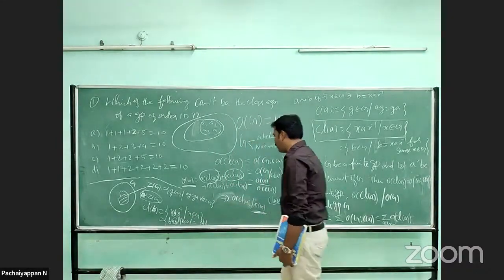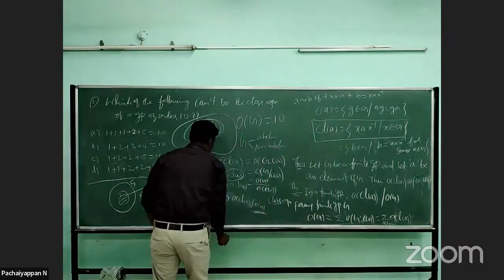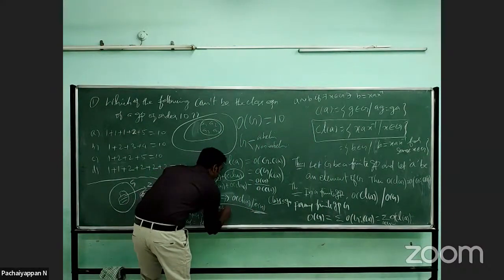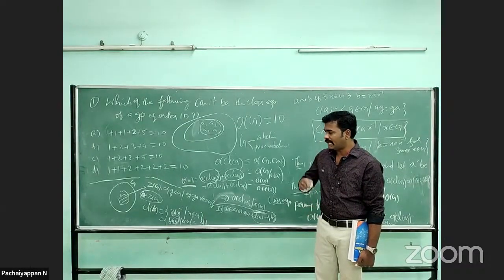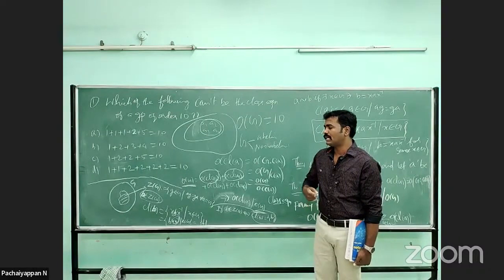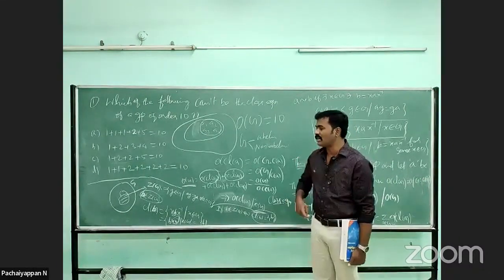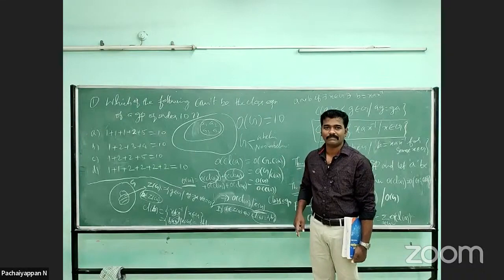What is the moral of the story? I would like to write here: B belongs to the center of G if and only if the class of B is B only. When the element is in the center, the element conjugate to that element is itself only.